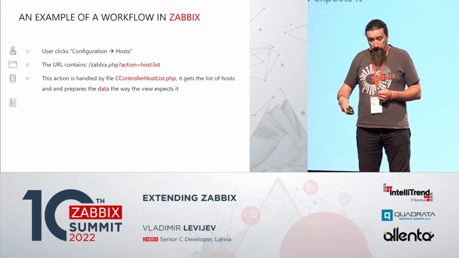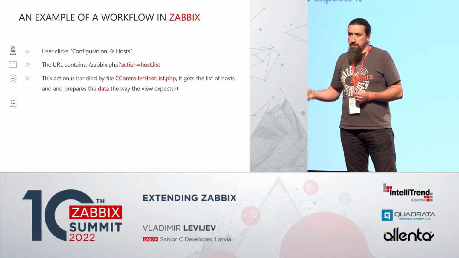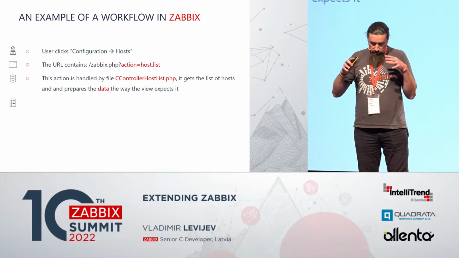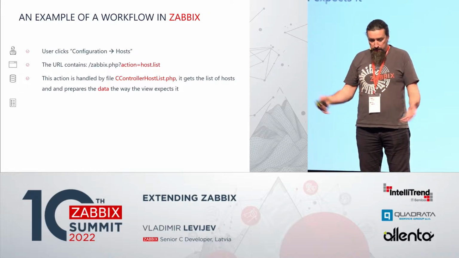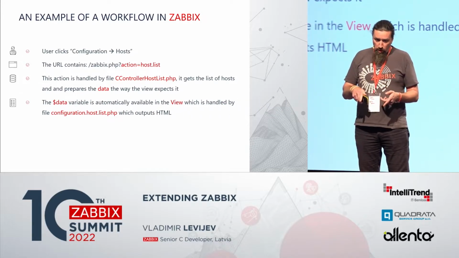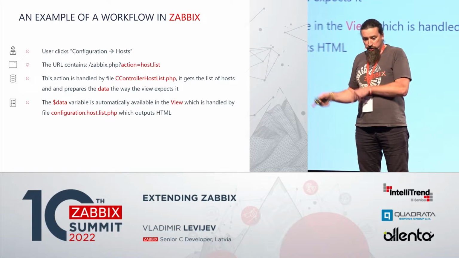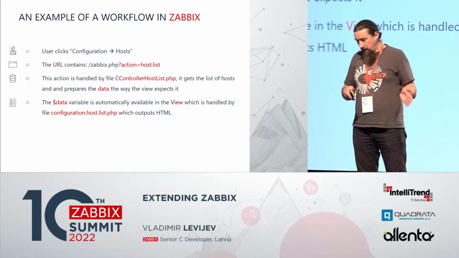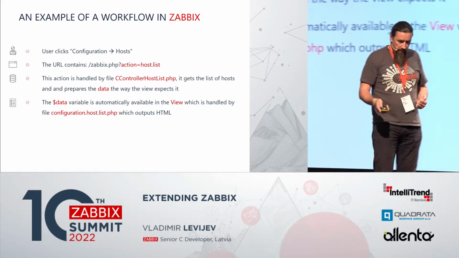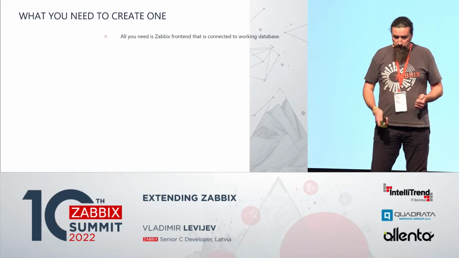One is an action, CControllerHostList.php, which collects the data, and then there's another file for the view, configuration.host.list.php. It outputs that data, and the data variable is automatically available in the view.